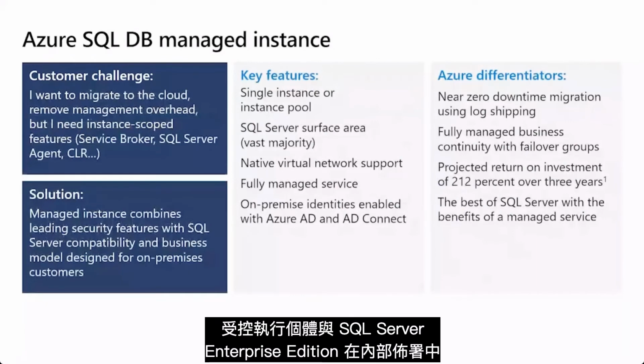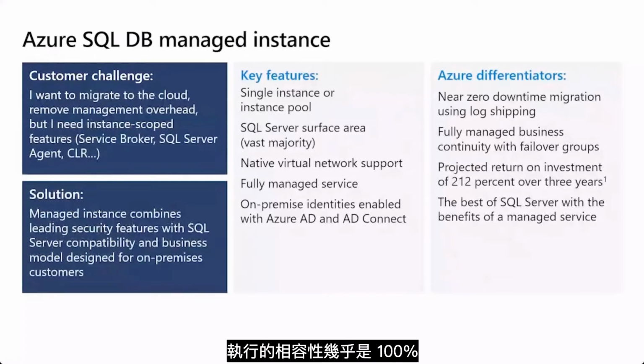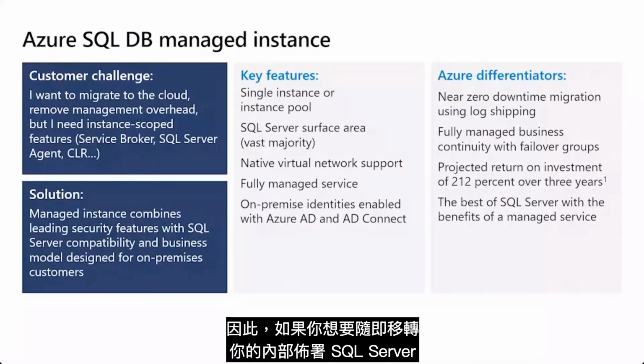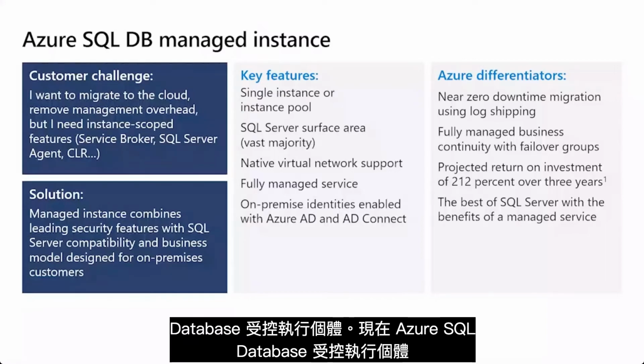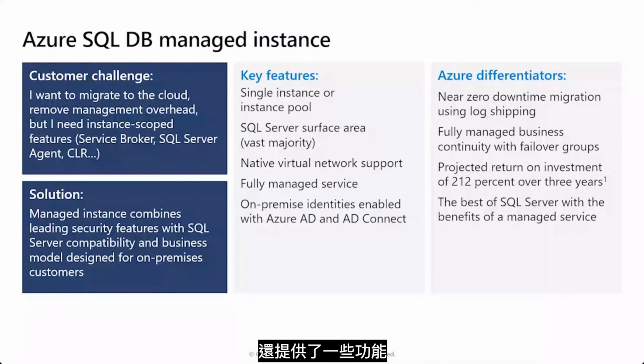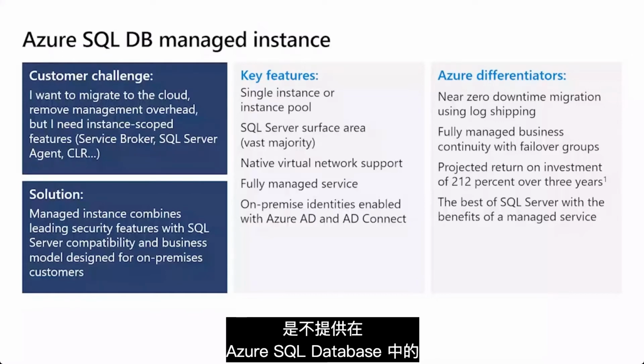Now, managed instances have near 100% compatibility with SQL Server Enterprise Edition running on premises. So if you want to lift and shift your on-premises SQL Server to the cloud without incurring those management overhead costs of running a SQL Server on an Azure virtual machine, then you should really consider using Azure SQL Database Managed Instance. Now, Azure SQL Database Managed Instance also provides features that are not available in Azure SQL Database.